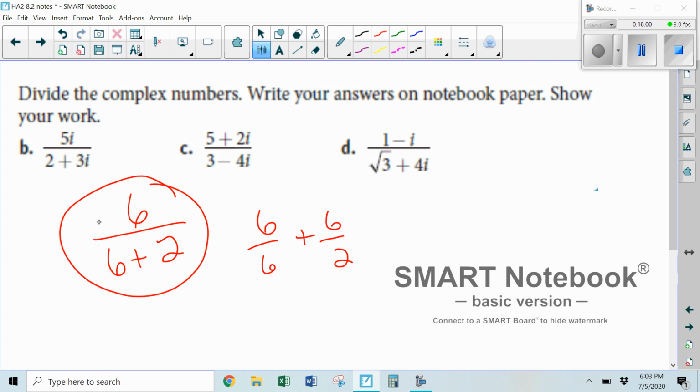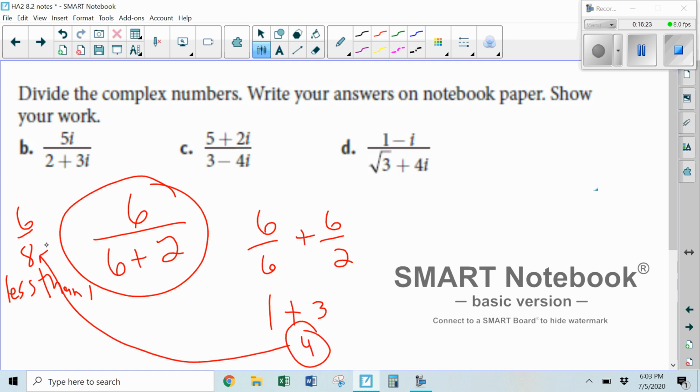This original problem is 6 over 8, which simplifies to 3/4, but it's definitely less than 1. When I change it to 6 divided by 6 and 6 divided by 2, that becomes 6 over 6 is 1, plus 6 over 2 is 3. It becomes 4. That is not the same thing.